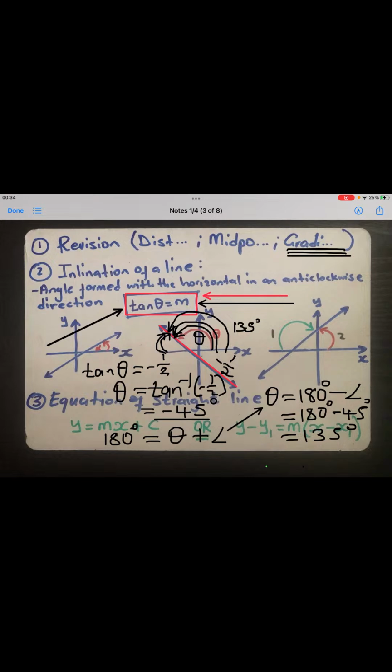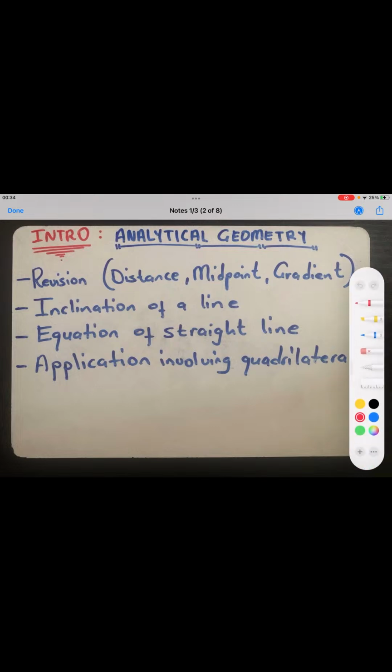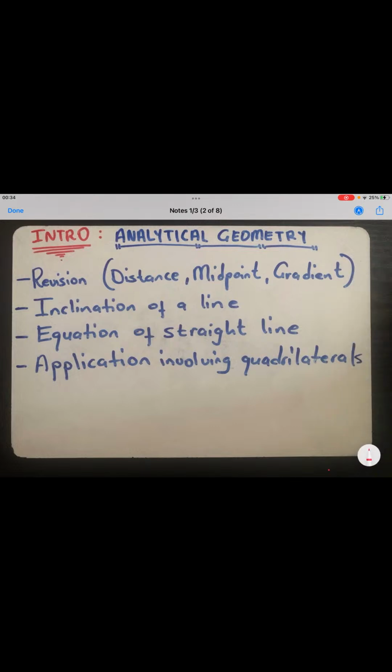So lastly, let me check there. Let's see very quickly. This is what we discussed. We did discuss the distance formula, the midpoint formula, and the gradient formula. With regards to the distance, we said distance, length, same thing. Midpoint refers to the middle point between 2 points.